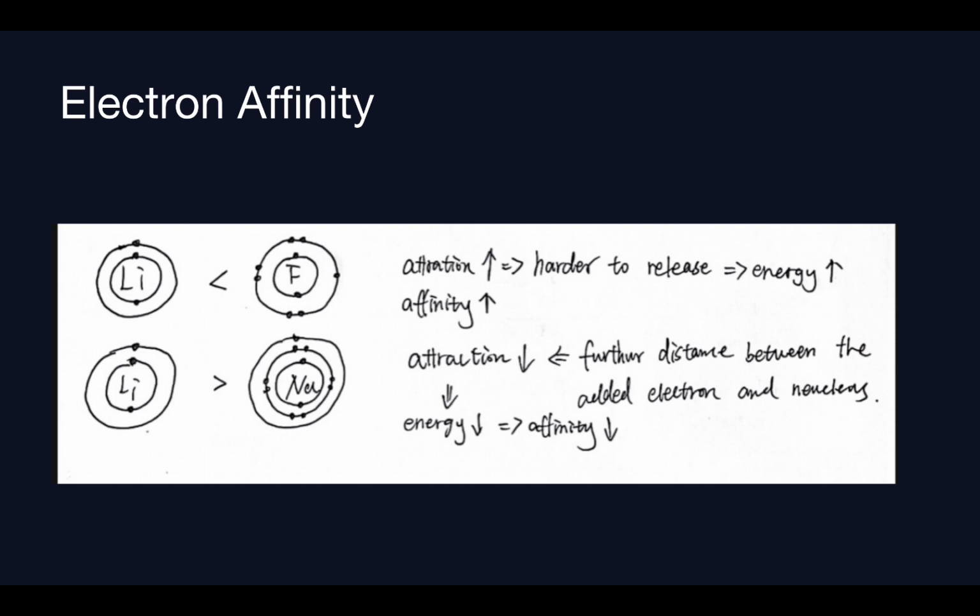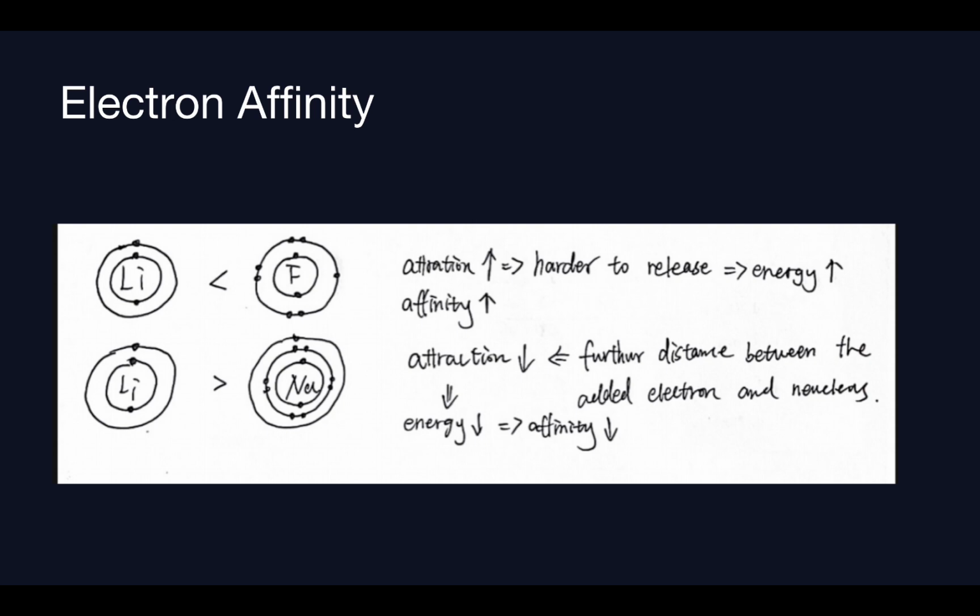So forming a bond releases energy, and so does adding electrons to the outer shell. So when attraction increases, it's harder to release. So the energy change, the enthalpy change, also increases. And this leads to the affinity increasing, because it's indicating the energy change, right?